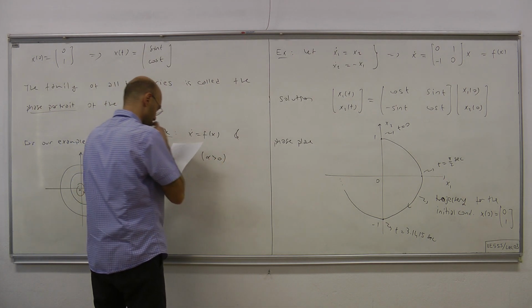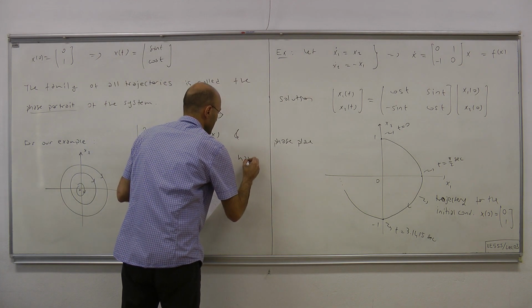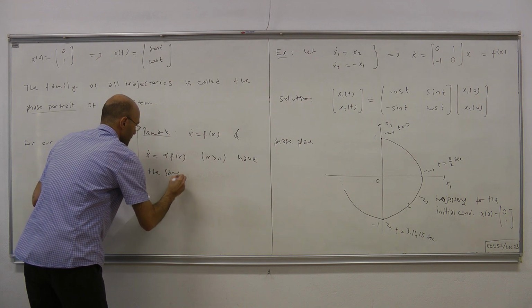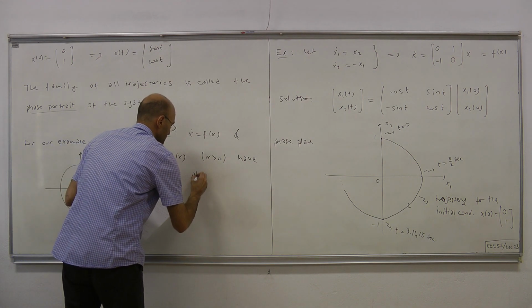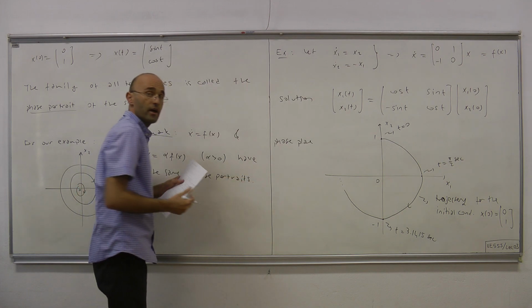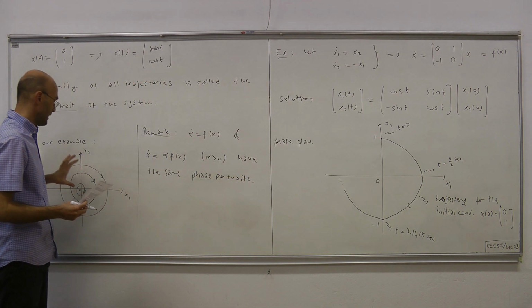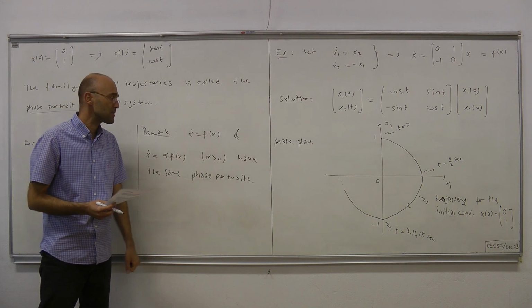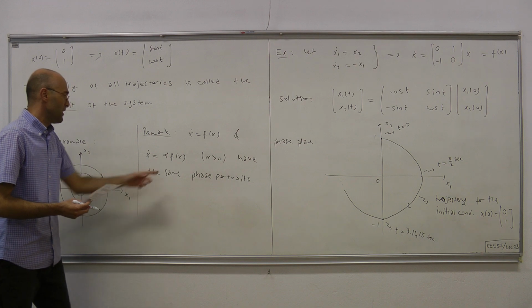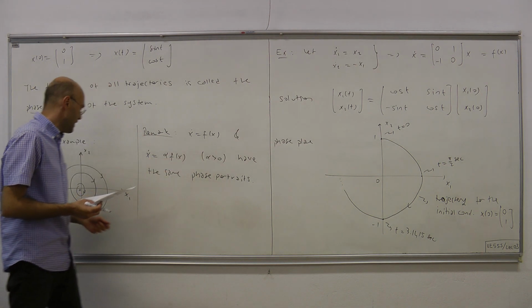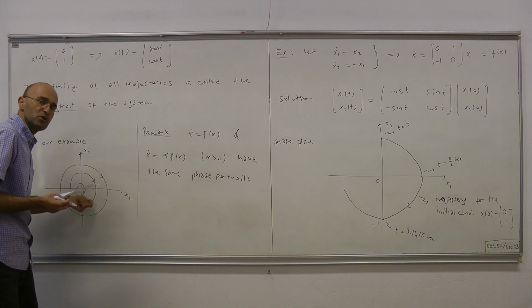Alpha greater than 0 have the same phase portraits. So they exactly look the same, the phase portraits of x dot equals f of x and x dot equals alpha f of x. But if alpha is greater than 1, then this one is moving faster. If alpha is smaller than 1, then it's moving a little bit slower.